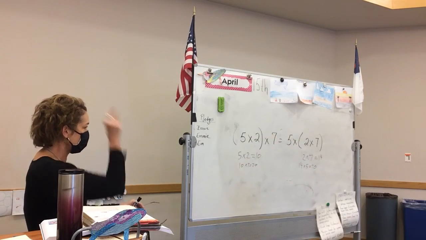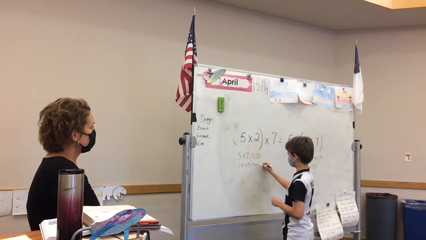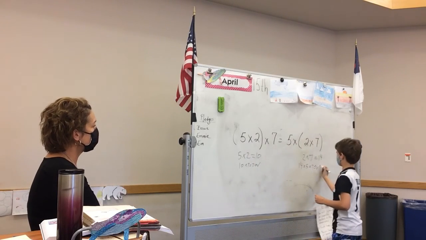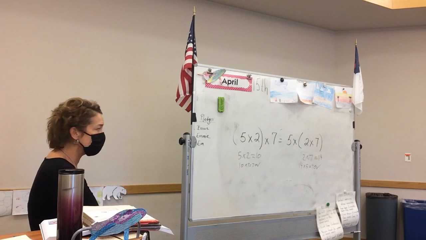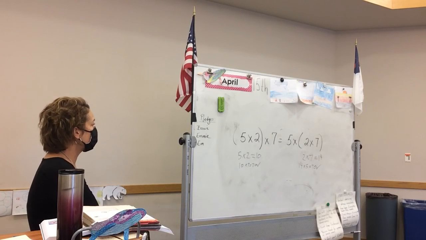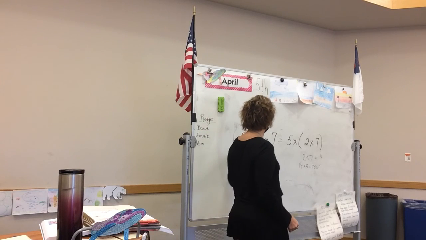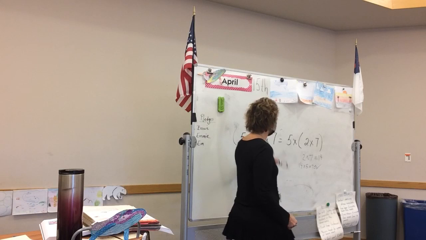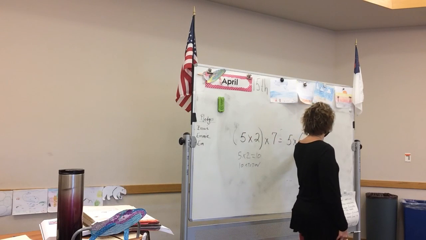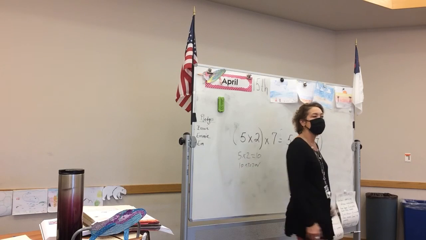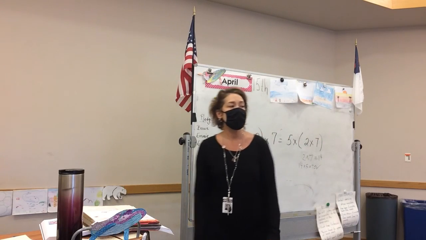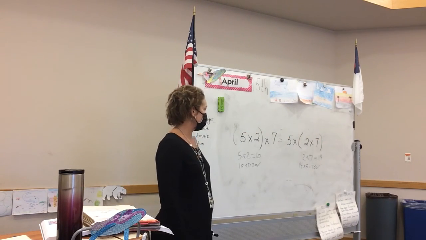Now put a check by the 70. He worked the parentheses first, and then he did the next step, which was 5 times 2 equals 10. 10 times 7 is 70. He went first to 2 times 7 is 14, and then 14 times 5 is 70. Excellent job.